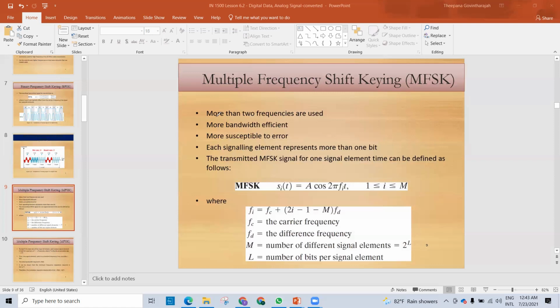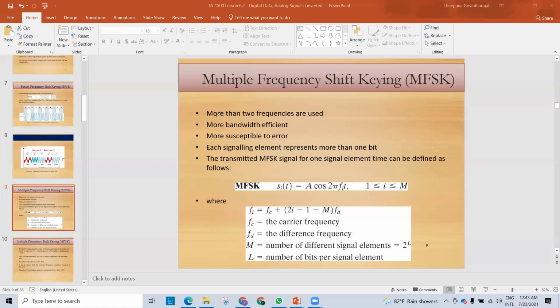But here we are using four different frequencies, that is 700 Hz, 900 Hz, 1100 Hz and 1300 Hz.